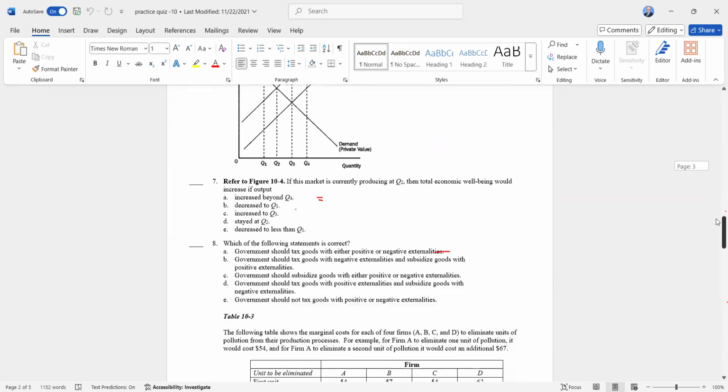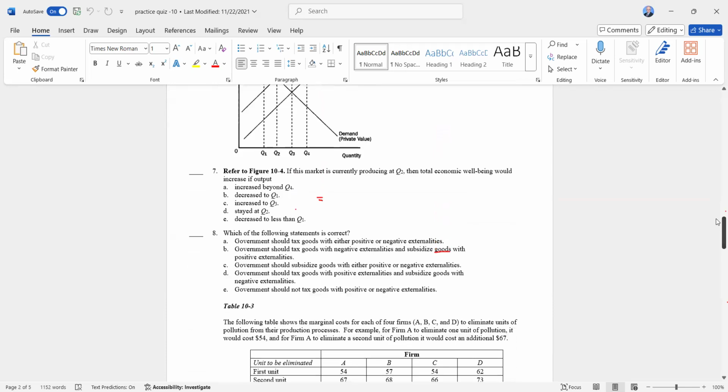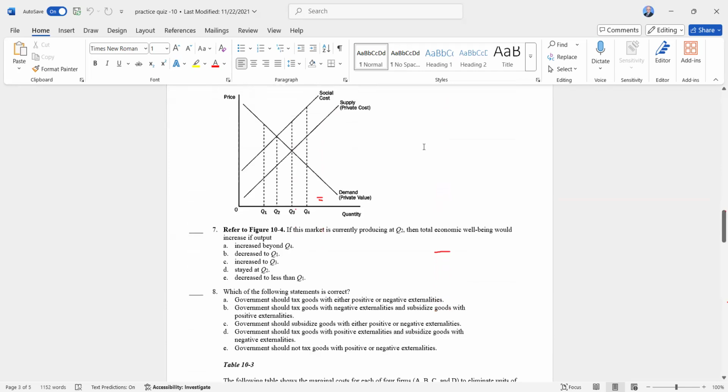All right, another graph for question 7. I'm going to look at the graph. First thing I see is private and social cost, so I have a negative externality. Private cost and private benefit intersect at Q3, and I know that's the market.